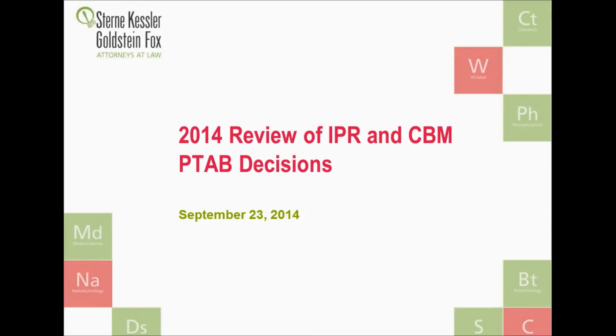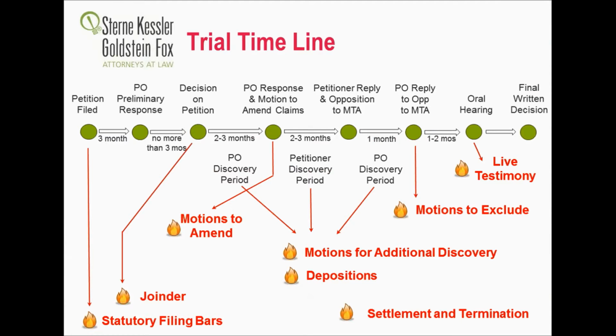Then if the trial is instituted, from that point on you have the trial timeline, which involves the patent owner response, a motion to amend, the petitioner's reply and any opposition, the patent owner's reply in the case of the motion to amend, followed by oral hearing and final written decision. And between a number of those points, we have discovery timeframes.